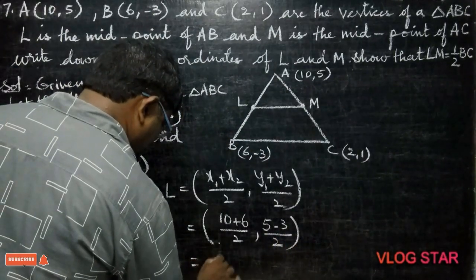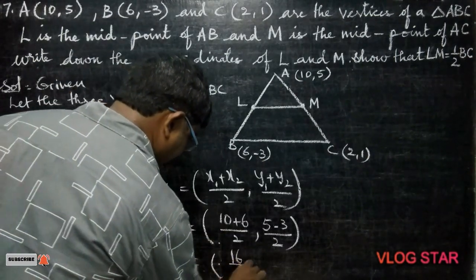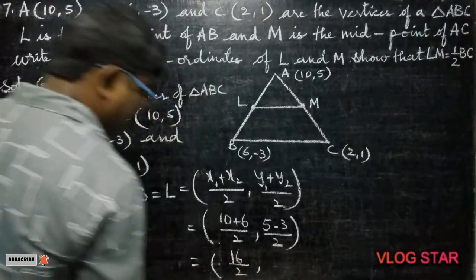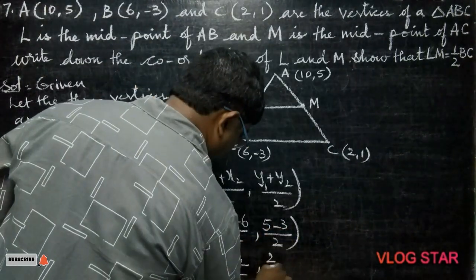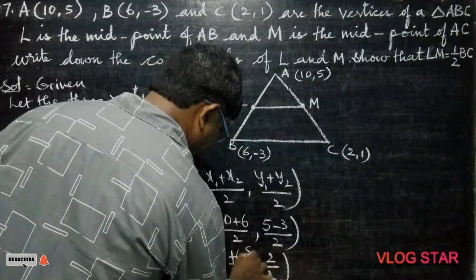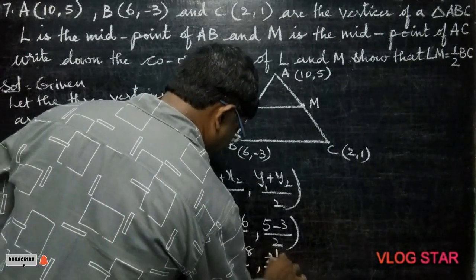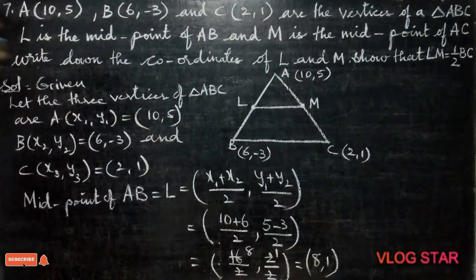So that is equal to 16 by 2 comma 2 by 2. 2 goes 8 times, 2 goes 1 time, that is equal to (8, 1).